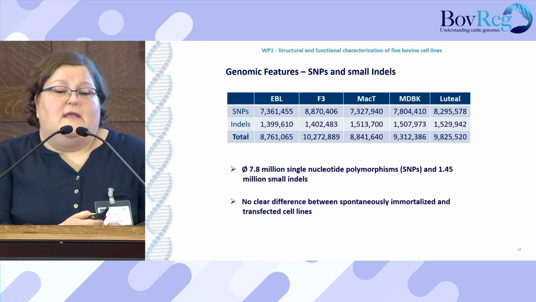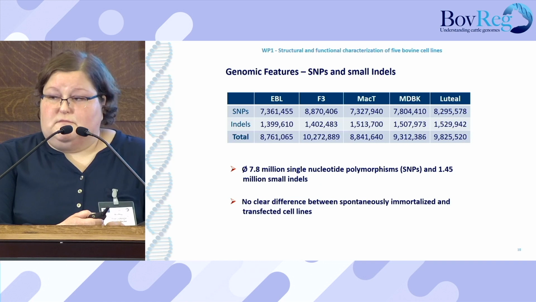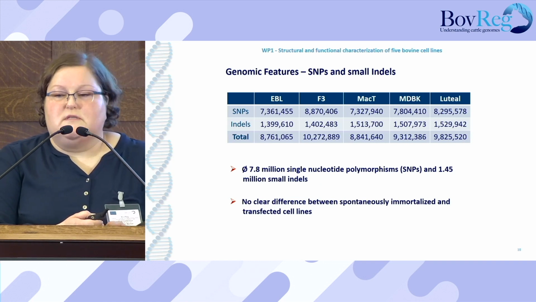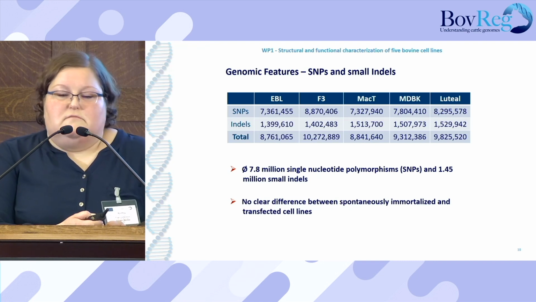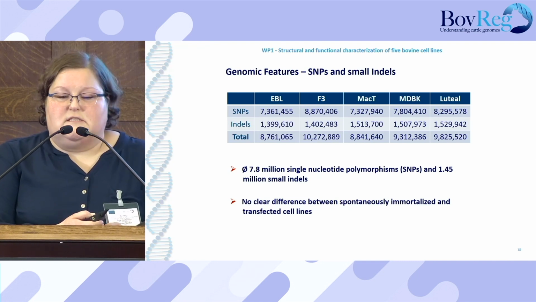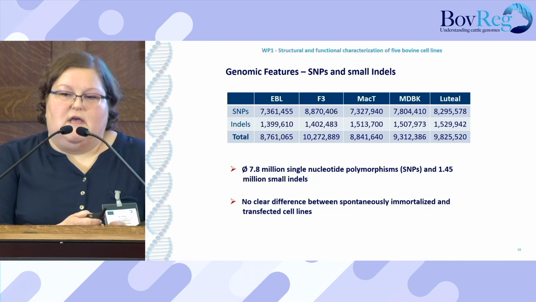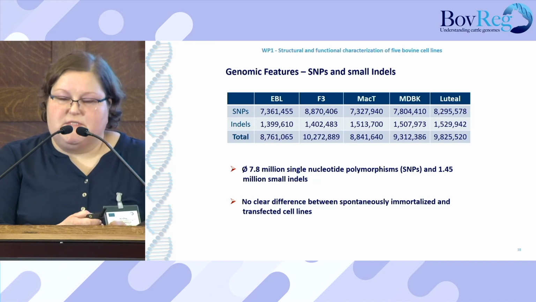So when we look at the whole genome sequencing data, identifying SNPs and small indels, we could see that the cell lines are quite similar in their numbers, with the luteal cells having the highest amount of small indels and the F3 having the highest amount of SNPs.